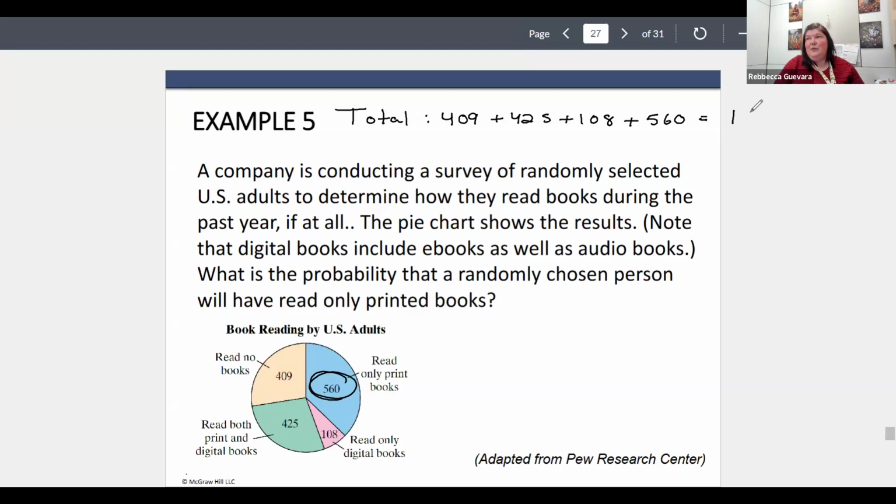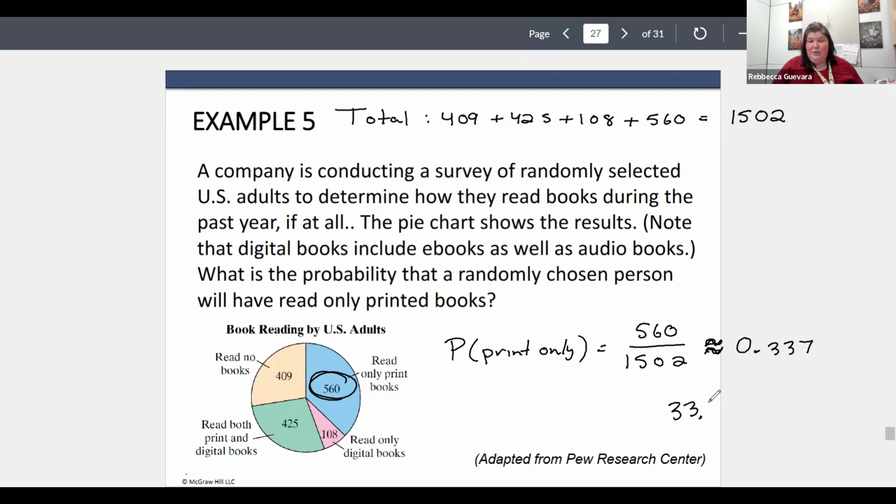Altogether, we get 1,502 people in this study. So the probability that they read print only would be 560 out of 1,502, which is roughly, and this is definitely going to have to be an estimated answer, 0.337.